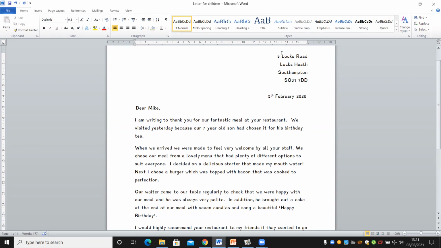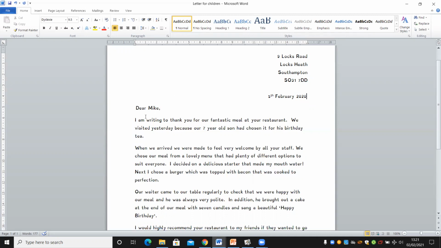Very good. And what do we need to remember right underneath the address? That's right, we must include the date. And both of these parts of the informal letter are on the right-hand side of the page, right at the top.